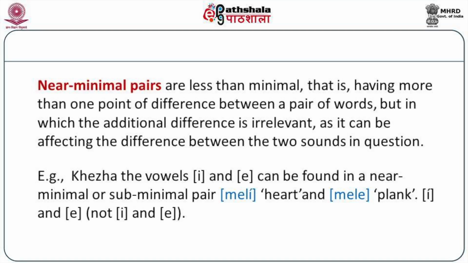In the word heart, the tone is a high tone, and in the word plank, the tone is a mid tone. In order to establish e and a as phonemes, we may sometimes find such a near minimal pair useful. Thus, meli and mele are a subminimal pair.